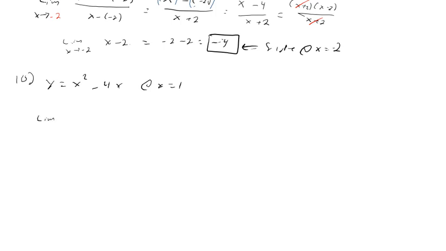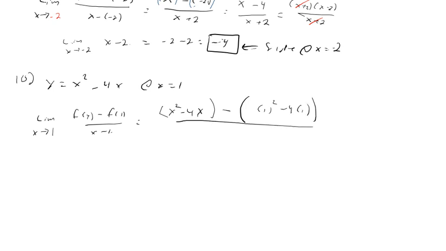So I do the limit as x approaches 1 of f of x minus f of 1 over x minus 1. So I use my equation 2 times. One time it's alone, x squared minus 4x, regular, minus, second time, I plug in the 1. I'm going to get 1 squared minus 4 times 1 over x minus 1. One time regular, one time plugged in.